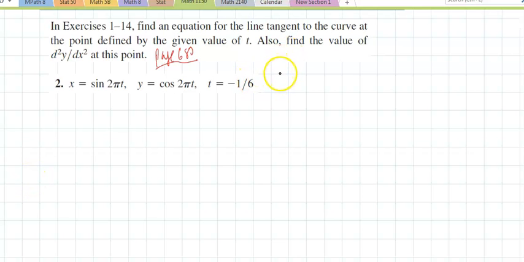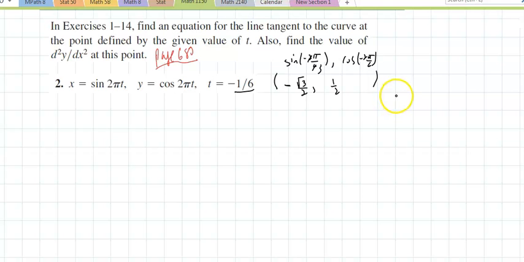At t equal -1/6, I know that x is going to be the sine of -2 pi over 6 and y the cosine of -2 pi over 6, and this will make it pi over 3, and that's going to be negative radical 3 over 2, and this will be 1/2. We just covered that in the previous section, section 11.3.